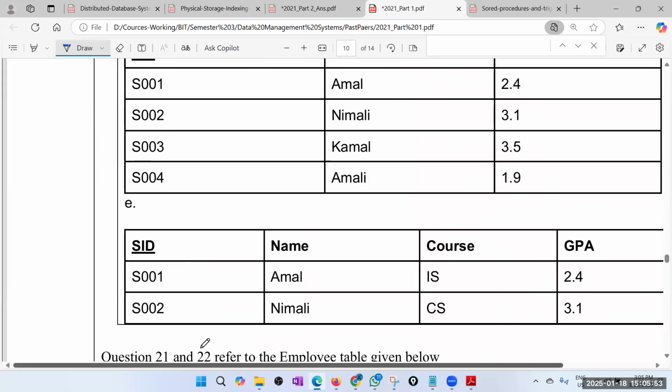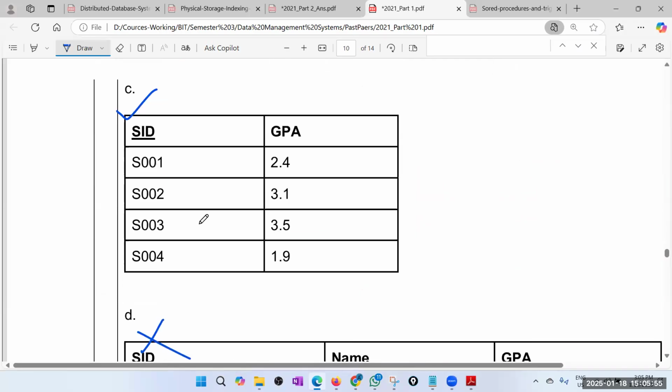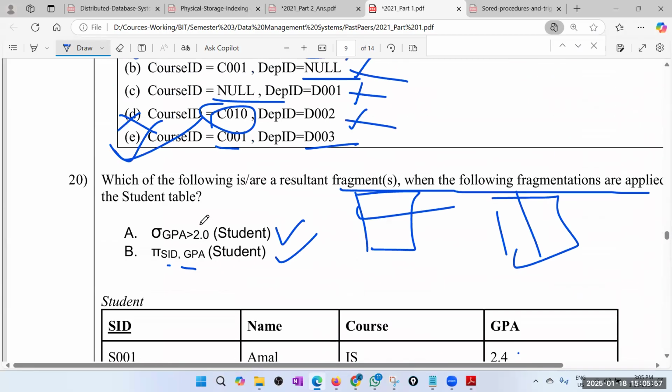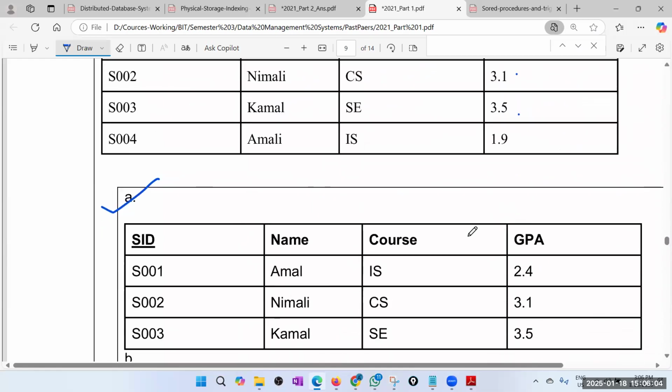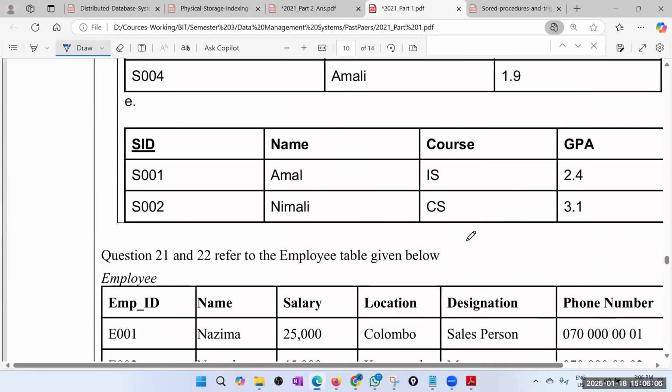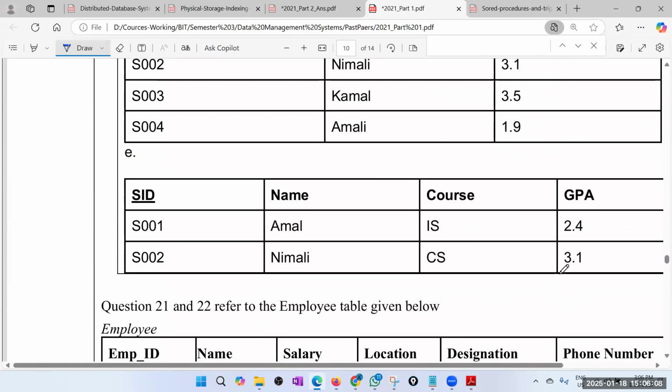E. SID name post GPA. SID name post GPA කියන්නේ 5 වෙන්න බෑ සිග්මා කරපු එක වෙන්න. But this has only 2 records, right? So it can't be.